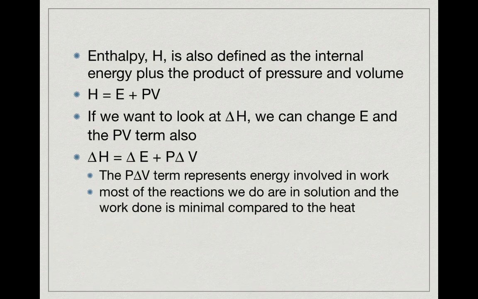Since most of the reactions that we do are taking place in solution, and there's very little work done at all during that, especially compared to the heat evolved, that P delta V term tends to be very small, so that delta H is generally just equal to delta E, which we saw is equal to Q.